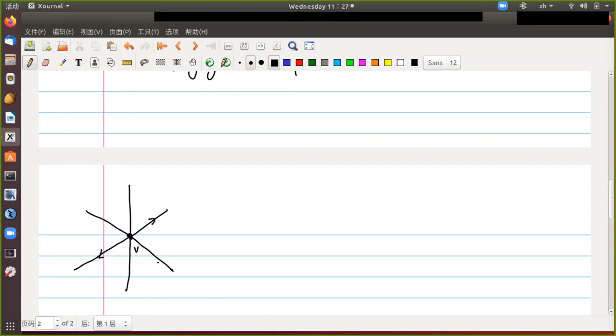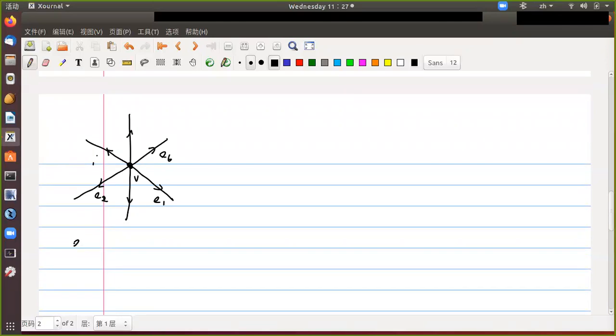For simplicity, let me orient all the edges to be outgoing. So around the vertex you have 6 edges, E1, E2, and so on, to E6. So you get in total 6 edges, E1 to E6.